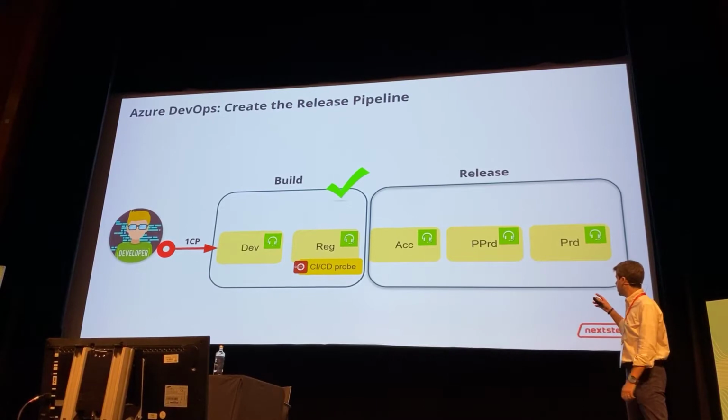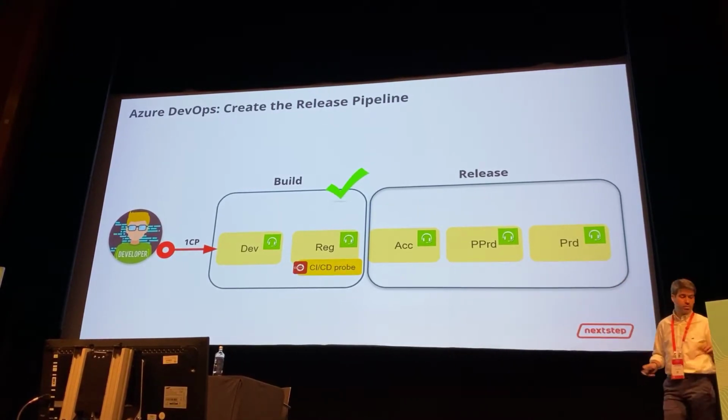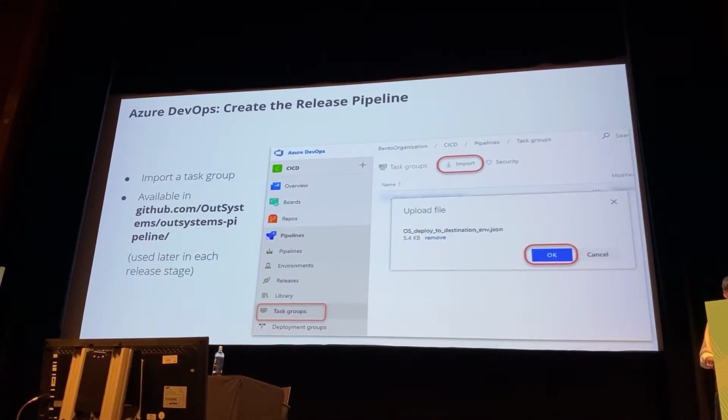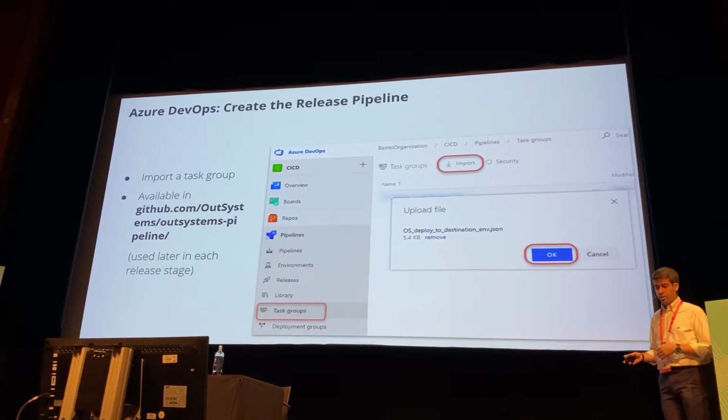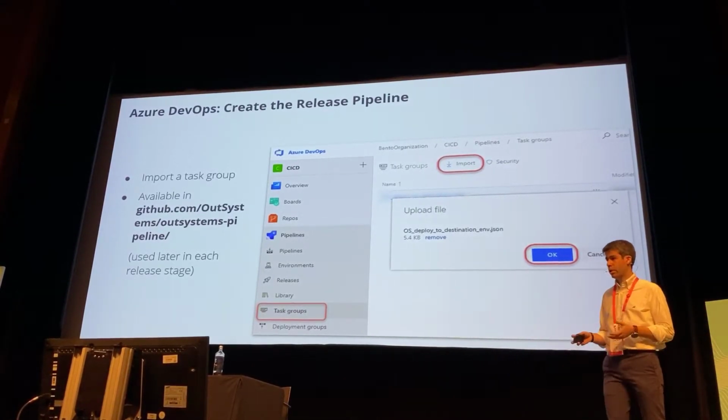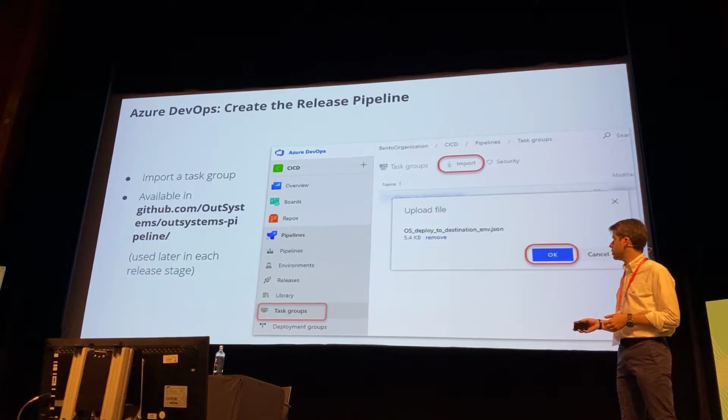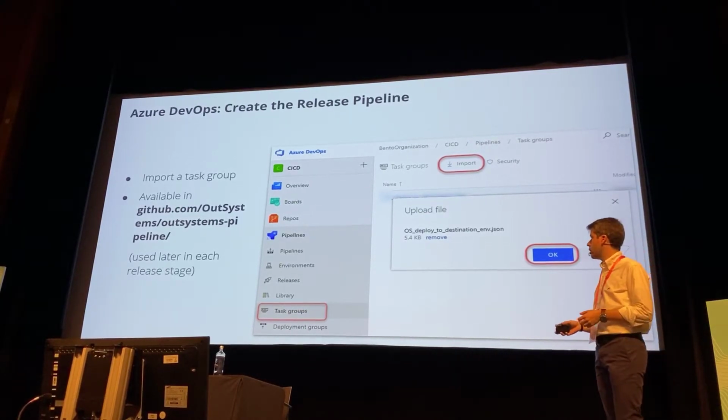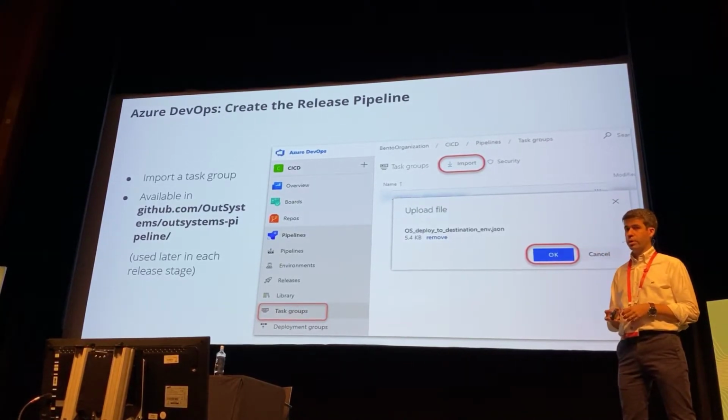That is composed of acceptance, pre-production, and production. In this case, we don't yet have the feature in Azure DevOps to have the pipeline as code.